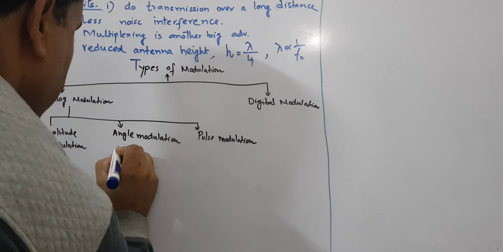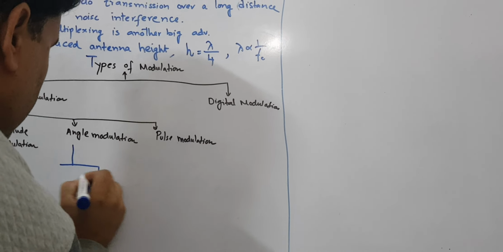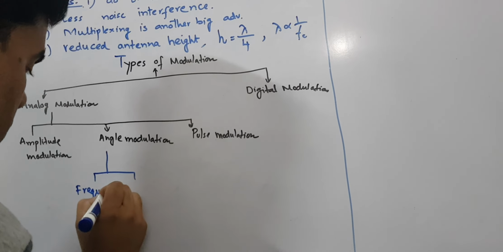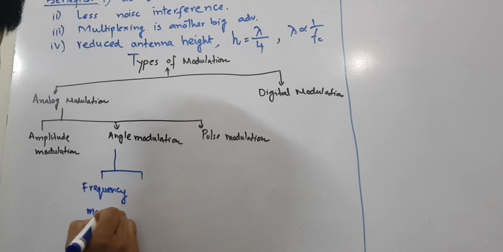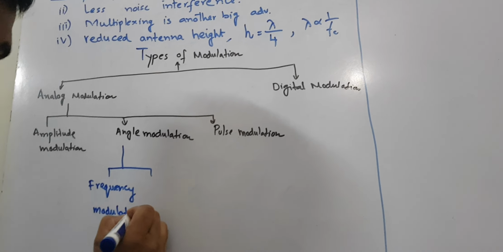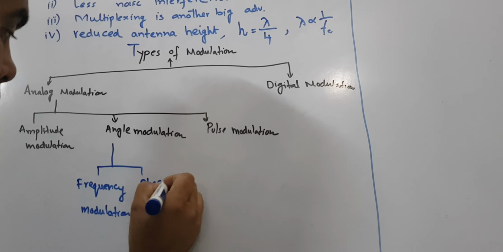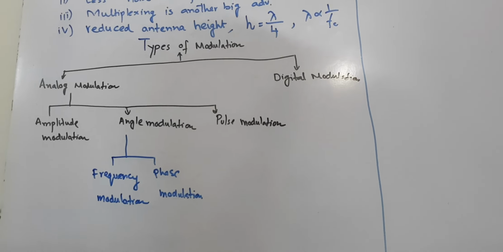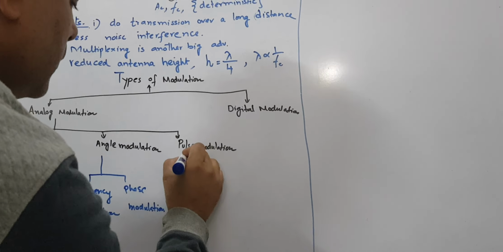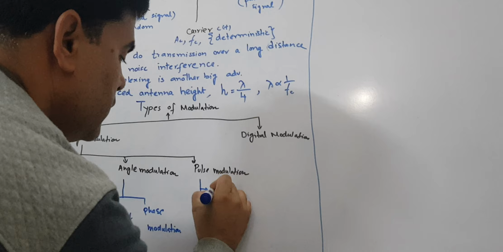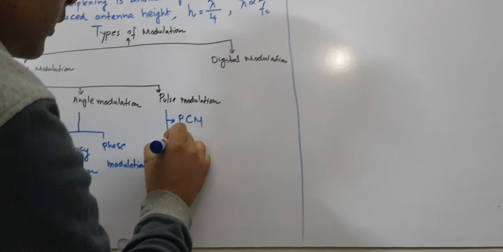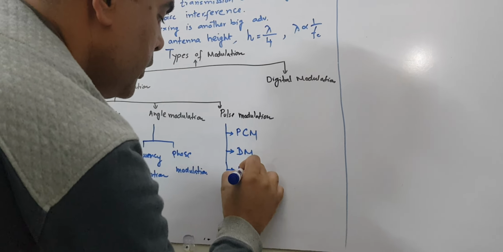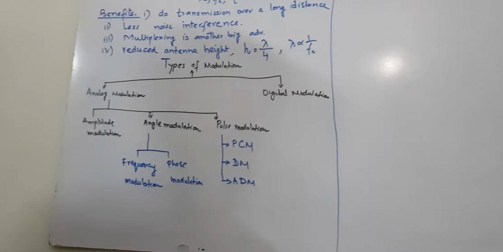The angle modulation is further subdivided into two types of modulation, that is frequency modulation and phase modulation. Similarly, the pulse modulation is further subdivided into pulse code modulation, delta modulation, and adaptive delta modulation.